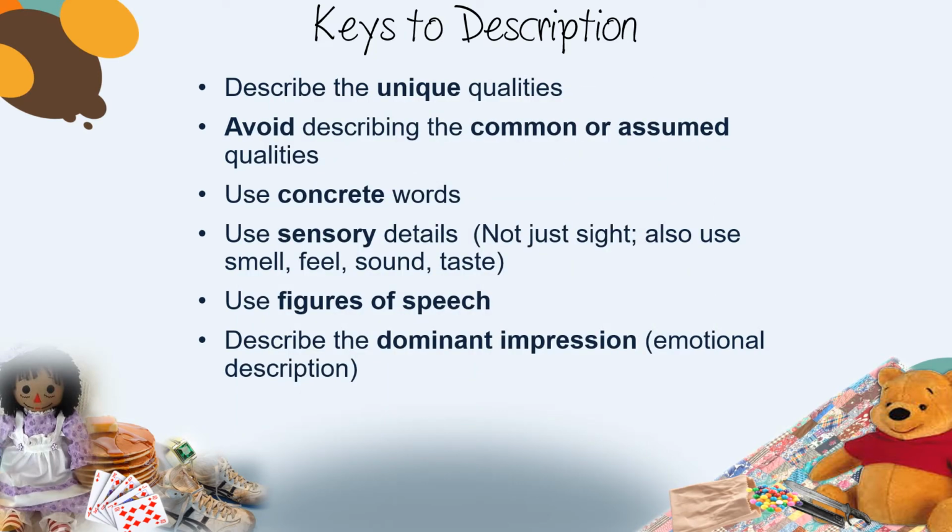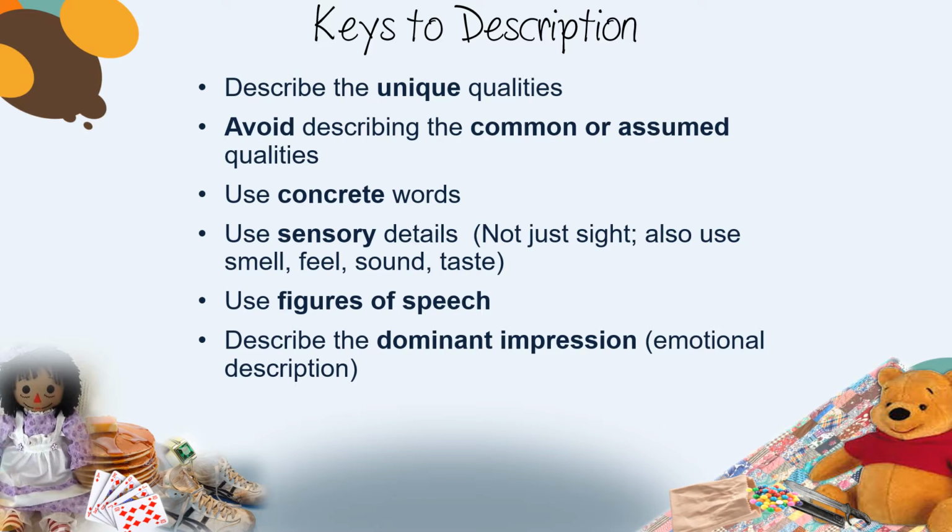Use concrete words. So concrete words are specific. Instead of saying my walls are green, I would say they're a light green, or maybe a seafoam green, or sage green, depending on how I want to describe it. Instead of saying, I heard a loud sound, you could say, I heard a whack, or bang, or whatever it was, right? Use as many sensory details as you can.